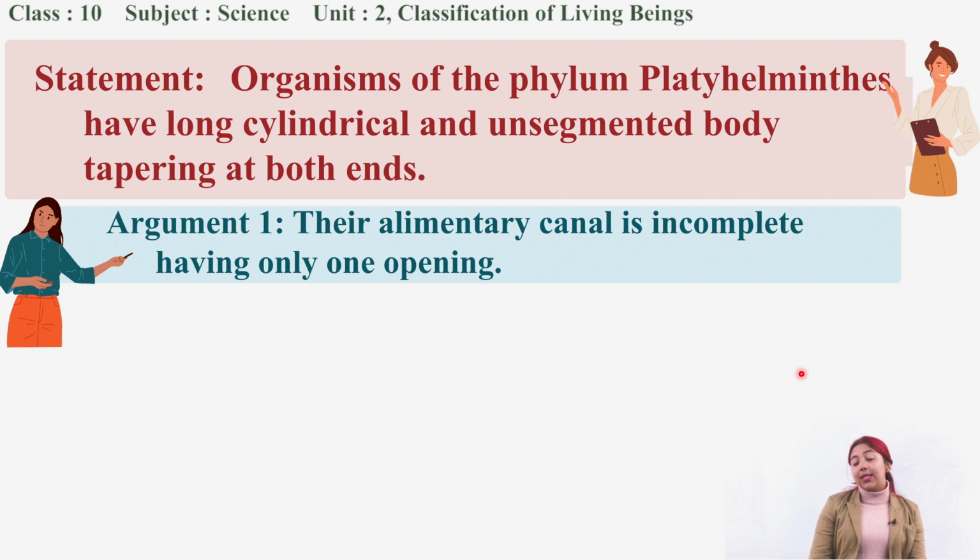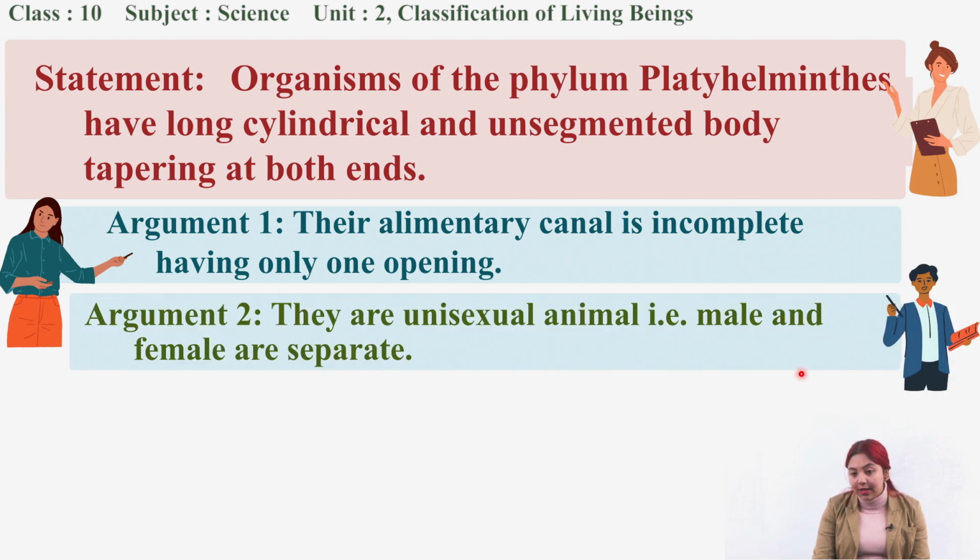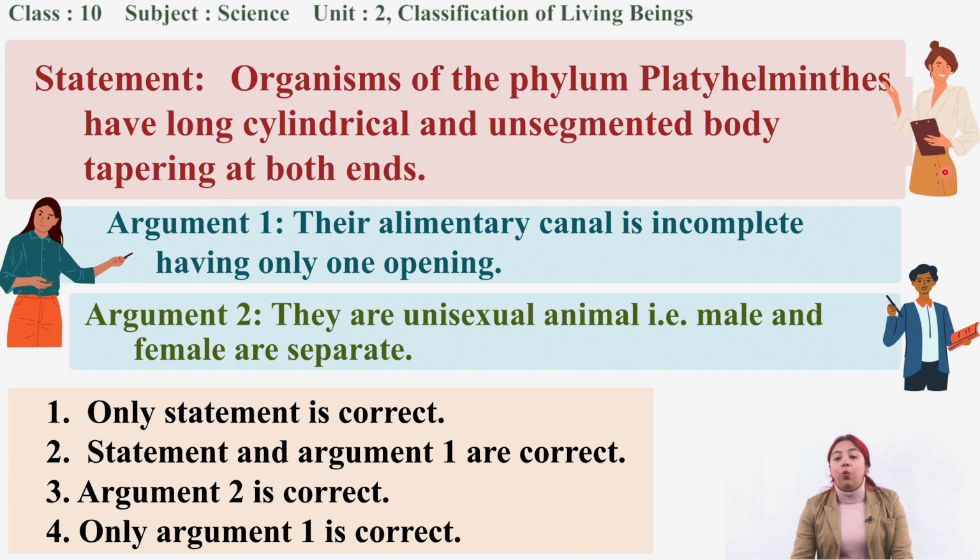And we also have a second argument from another person, that is, they are unisexual animals, that is, male and female are separate. So among these three people, who is correct, or how many people are correct? Now let us see. This girl says that the organism of the phylum Platyhelminthes have long cylindrical and unsegmented body at tapering end. Is this correct?